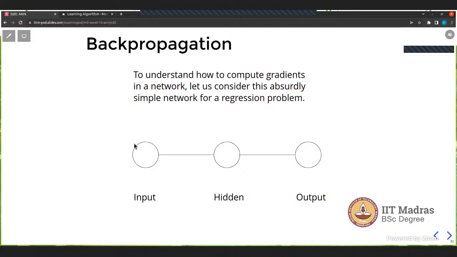Back propagation is actually a fancy way of saying that you apply chain rule to find the gradients. Okay, so the idea is you start with the gradients at the output layer. Once you have the gradients at the output layer, you piggyback on that to find the gradients at the hidden layer, right? And if there are multiple hidden layers, you just keep going back. So that is the reason it's called back propagation. The gradients are propagated backwards.